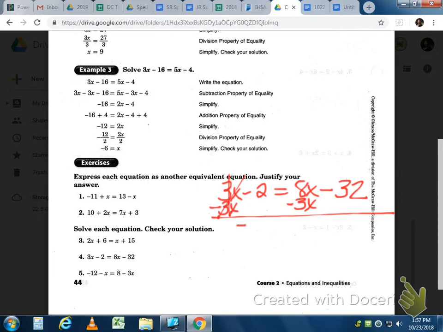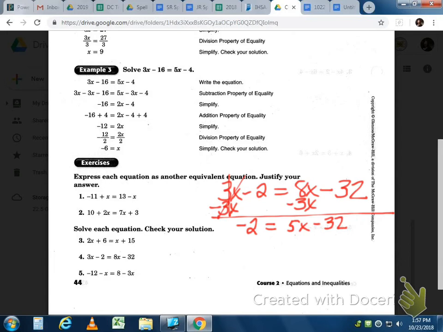Yes, be very careful right there. That's a place that's easy to make a mistake. Negative 2 equals 8x minus 3x, 5x minus 32. And I've got my x on the right, so now I have to bring my constants to the left.